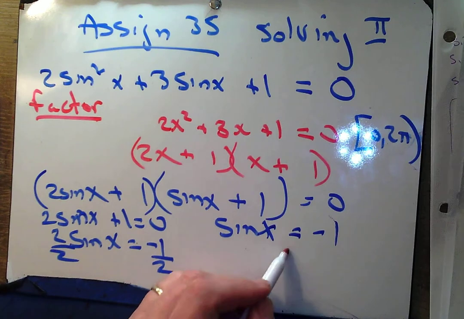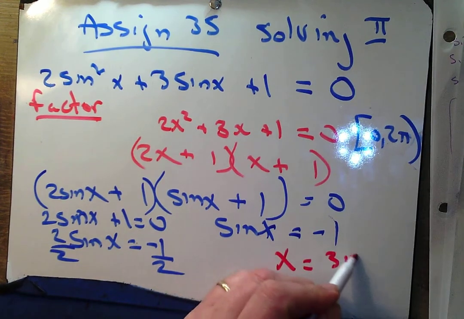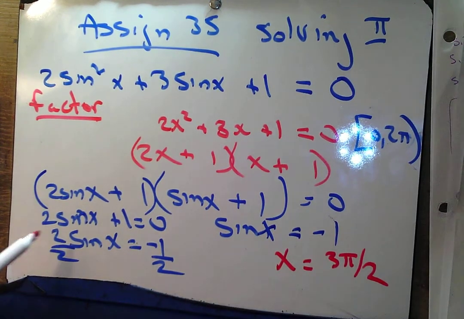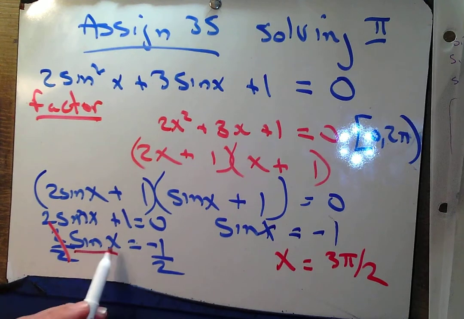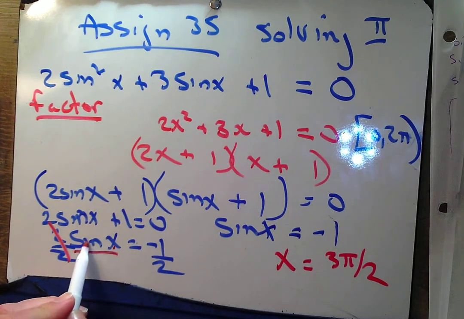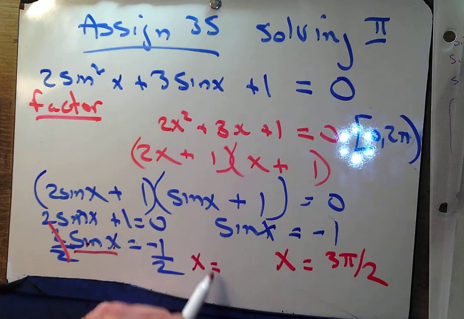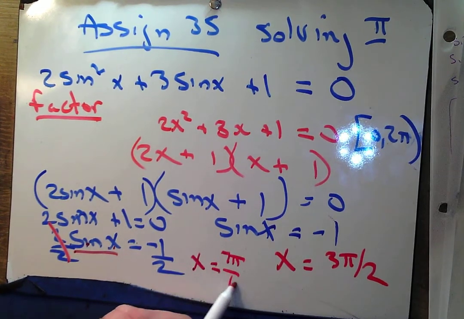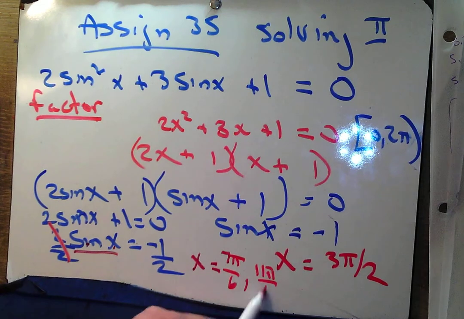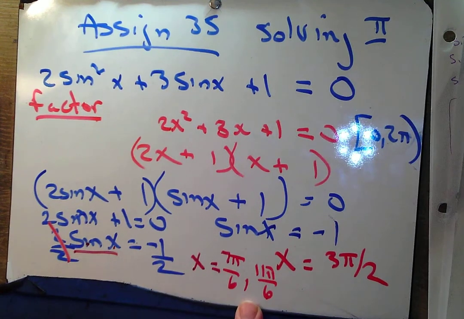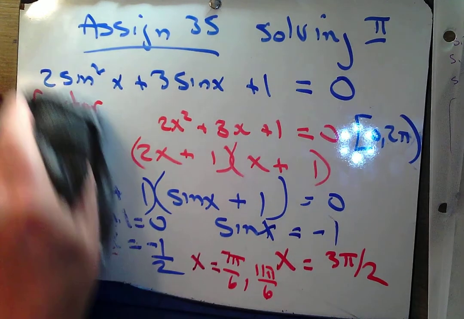Well, I know that happens on the unit circle at 3 pi over 2. And here, what angle has an upness, a y value of negative 1/2? And so x would be 7 pi over 6 and 11 pi over 6. At this point, I really need to know my unit circle values so that I can answer these questions. Okay? All right, there's number 1.